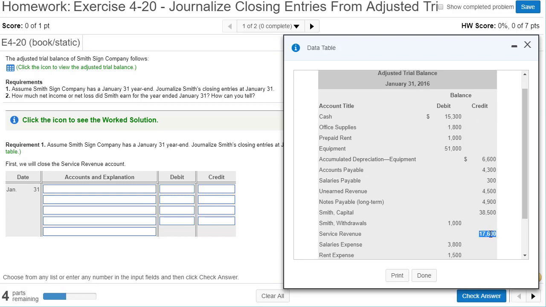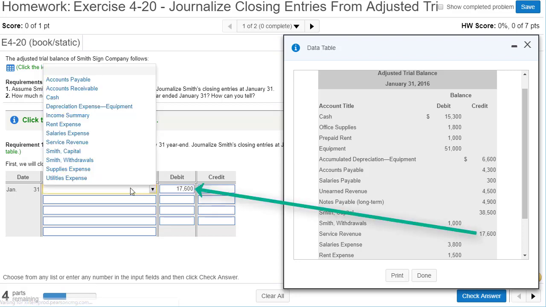And of course, revenues are credits. They have a normal balance of credits. So we need to close out this service revenue account. Closing an account means to give it a balance of 0. So how do we close this account if it has a credit balance of $17,600? We need to debit it. So I'm going to debit service revenue.